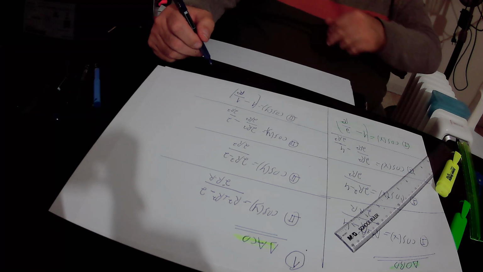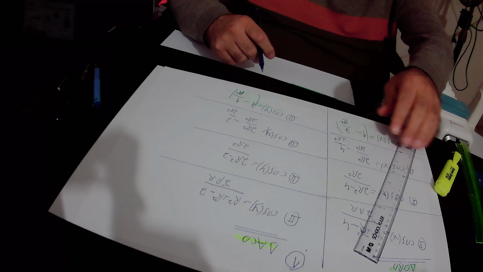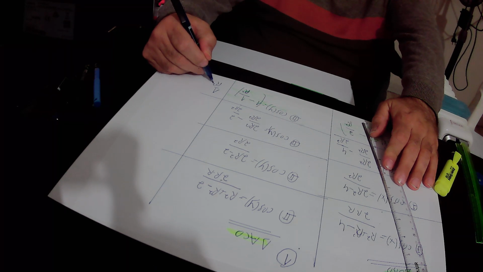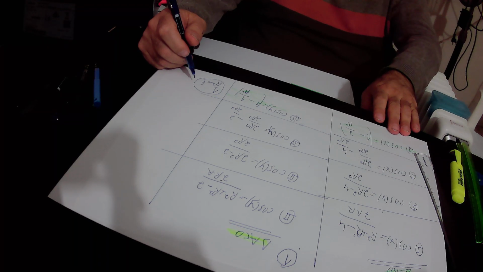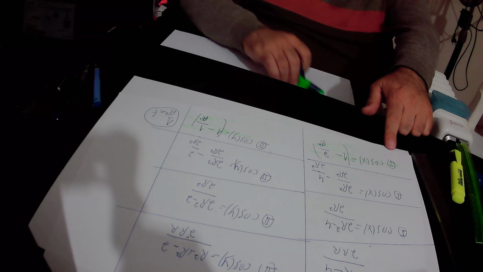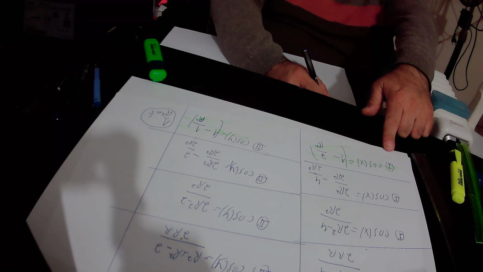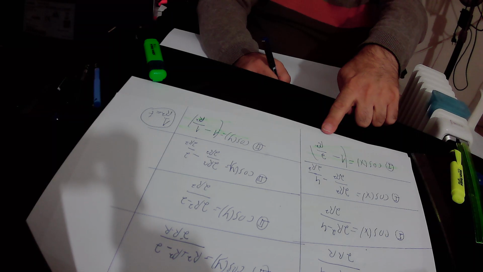In the next step, we will define 1 over r squared as t, and we substitute 1 over r squared by t in equation number 1, and we get that cosine x equals 1 minus 2, and 1 over r squared is t, so it is 1 minus 2t.